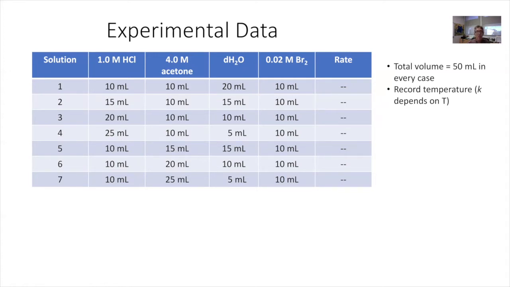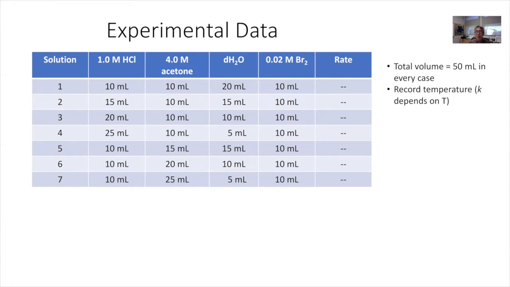Those are listed in the blue at the top there. And then using those stock solutions, you will create 7 solutions with varying concentrations of the individual species. Now notice that the total volume is 50 milliliters in every case. That will make the calculation of the concentrations of each species simple.